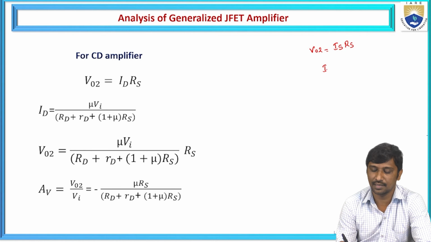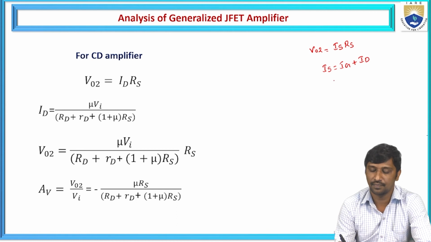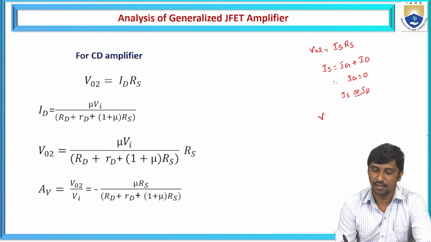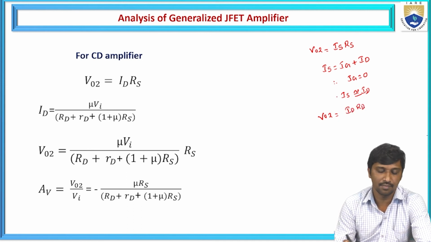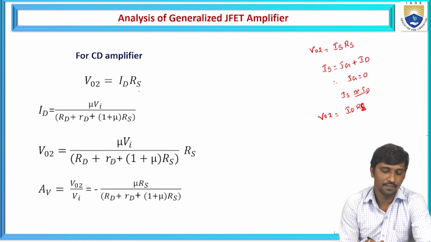From the JFET construction, we know that IS is the summation of gate current and drain current. Generally the gate current is very small, hence we assume IG is 0, then IS is approximately equal to ID. Hence, the output voltage across the source terminal is represented as ID times RS.